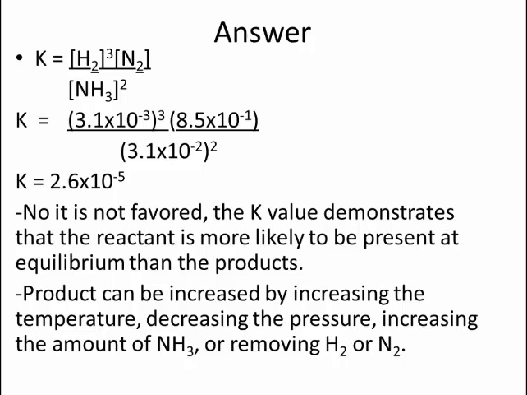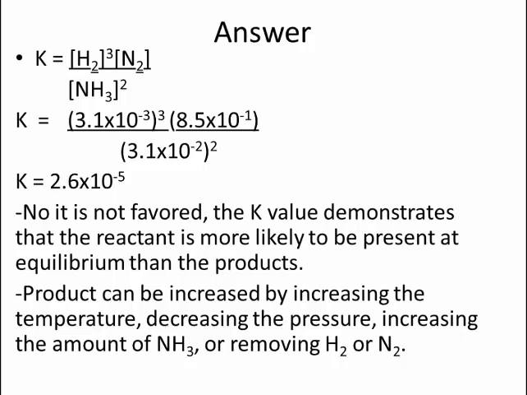So we plug in the concentrations that we were given for equilibrium into the expression, and we find out that our K value is 2.6 times 10 to the negative fifth, which means that this is not a reaction that's favored. Since the exponent is to the negative power, it means that we have a fraction in our expression that's significantly less than 1, and therefore the reactant is more likely to be present at equilibrium than the products are.